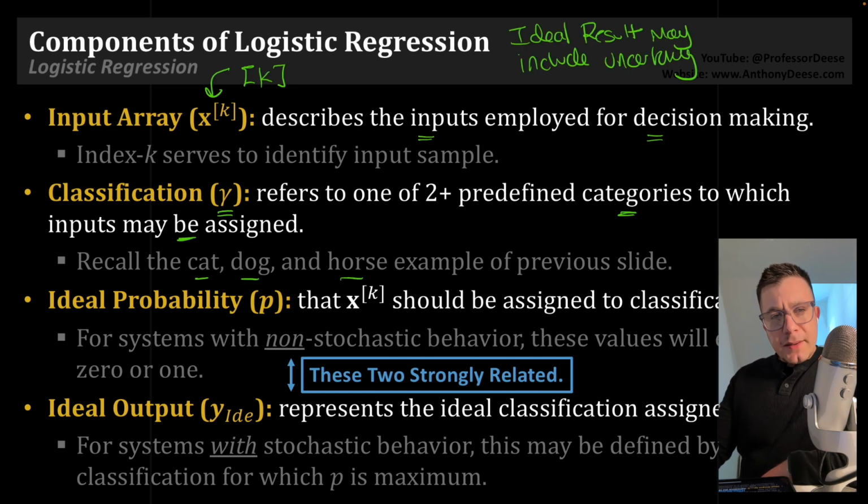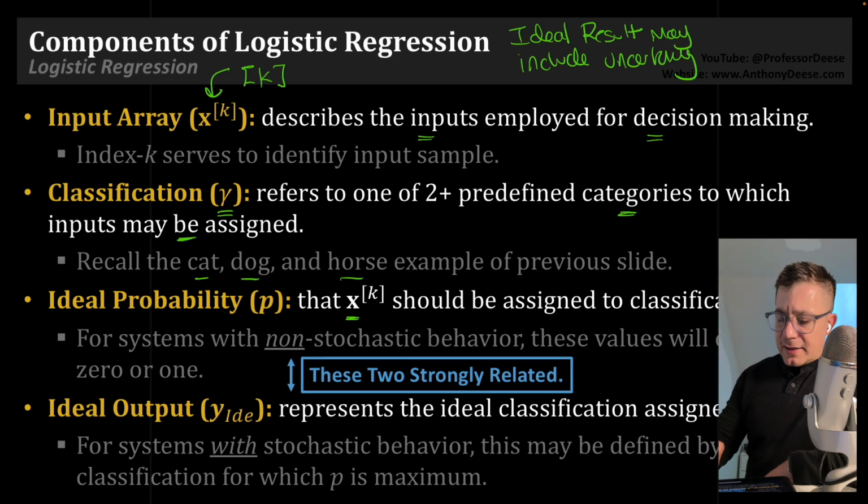The third component is an ideal probability that a given input X should or should not be assigned to a classification gamma. Now, for a system or training data that doesn't exhibit stochastic or probabilistic behavior, these probability values should take on either a 0 or a 1 because there's a high level of certainty in that behavior. The fourth component is an ideal output, which we refer to as Y sub IDE.